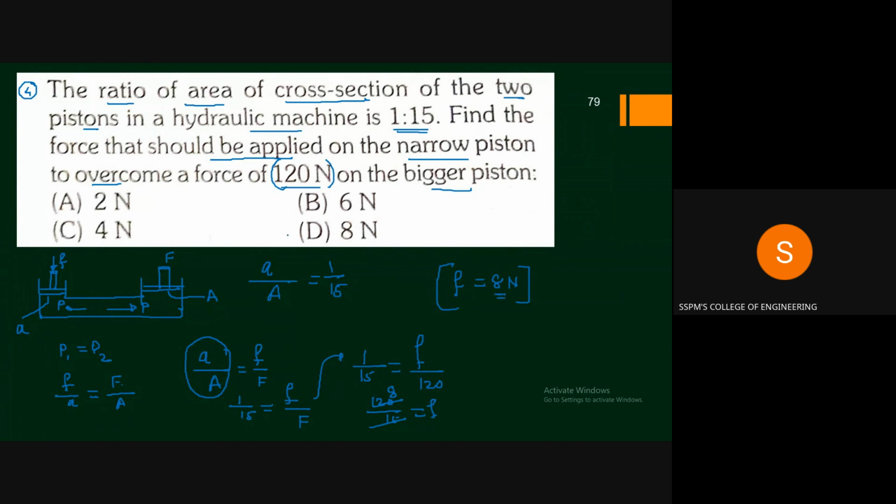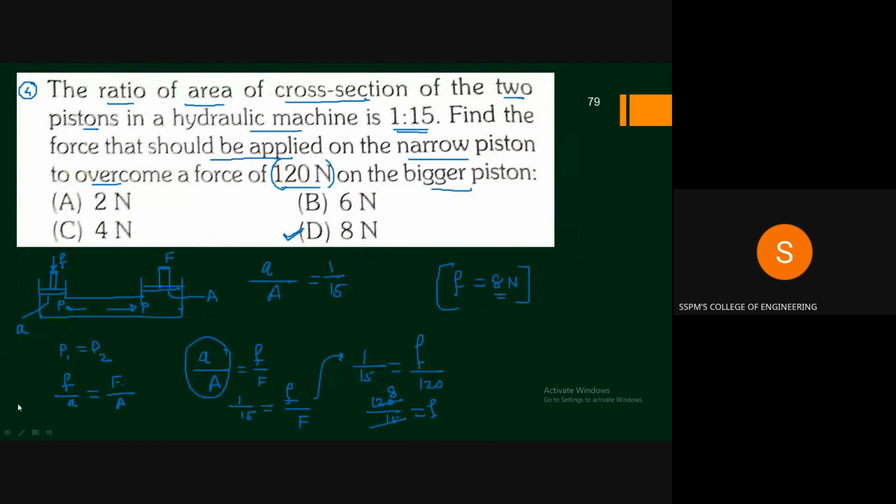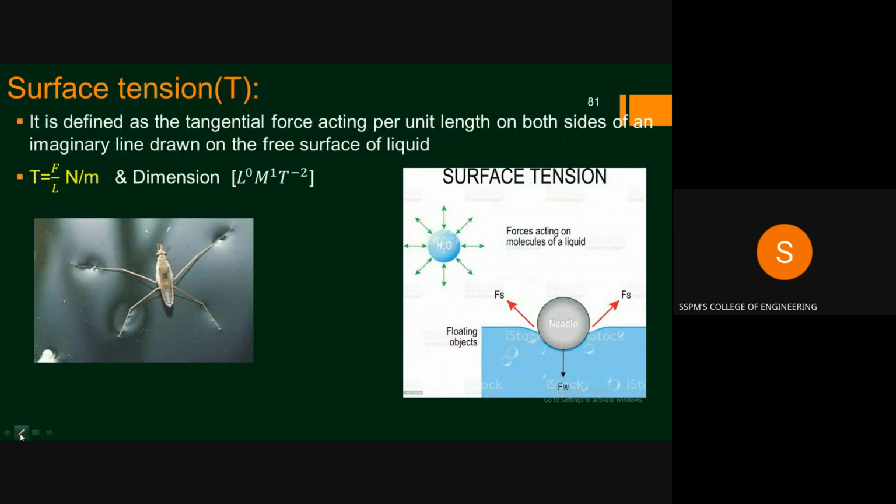If you refer to the options, the correct option is option D. So on Pascal's law or on the pressure equation, you can expect such types of problems. Now the next concept is surface tension.